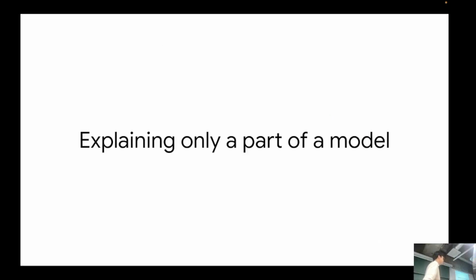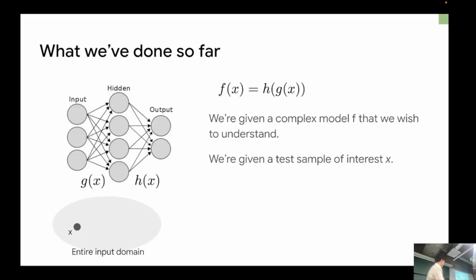Okay, so that was it for explaining the whole model, but around a specific test case. And now we also wish to look at the other cases. So this is what we've done so far. We have a complex model, I have this two-layer neural network here, but think of this as a deeper model, for example.